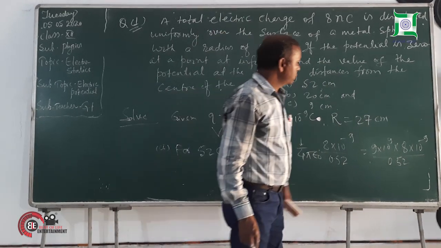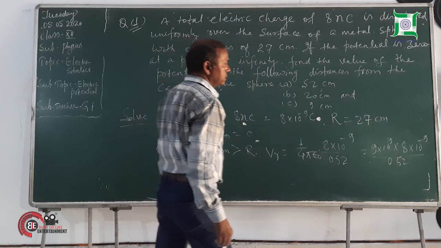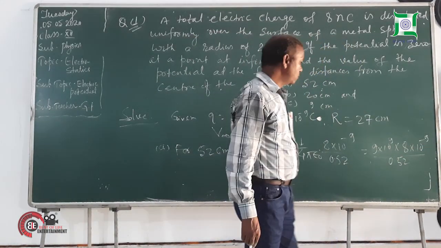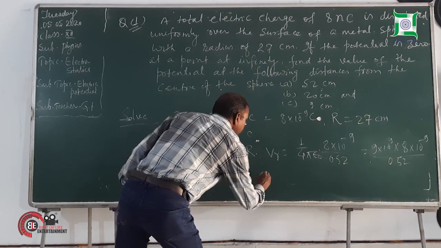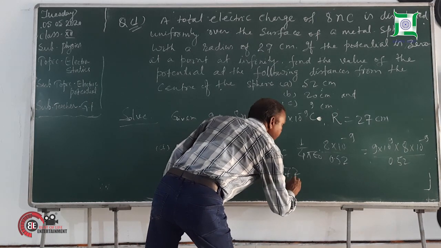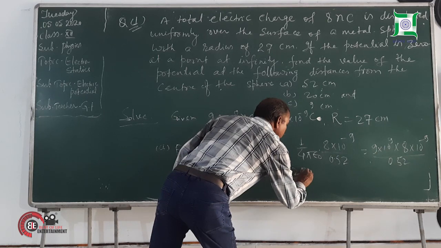By solving this, the 10 to the power 9 and 10 to the power minus 9 will cancel out, and it will become 9 into 72 divided by 52.